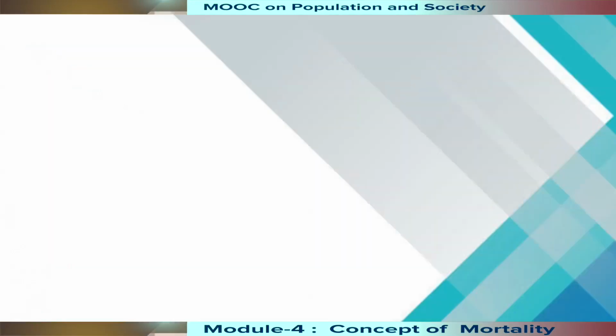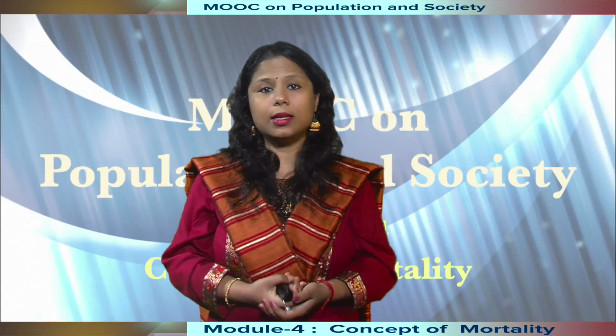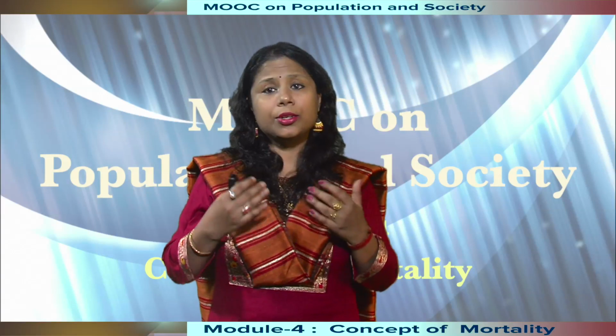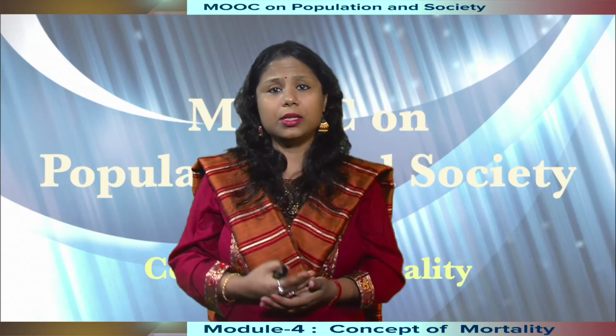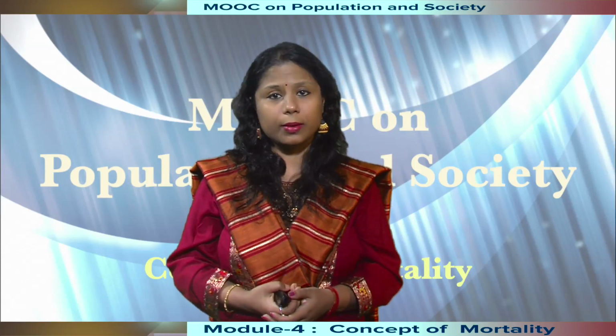After achieving 1 year of age, death rate declines from the age 1 to 4 and further decreases up to the age of 10 to 14. Studies have suggested that death rate across all countries is lowest in the age group between 10 to 14.